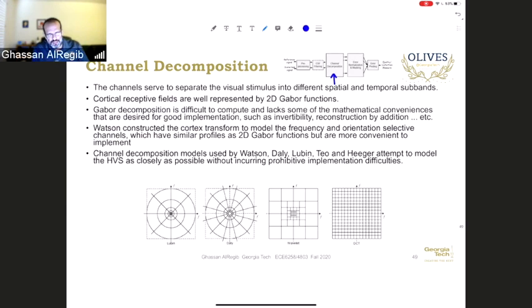For now, at least, we are looking at spatial subbands. Gabor filters have been very common ones, and what we are showing here are all different decompositions. Lubin, Daly, and Watson worked quite a bit on this: what is the best decomposition they could do?